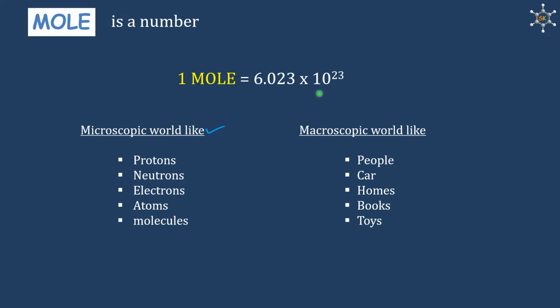That is because such a large number, 10^23, doesn't appear in the macroscopic world. Even if we consider the population, that is hardly 10^9.